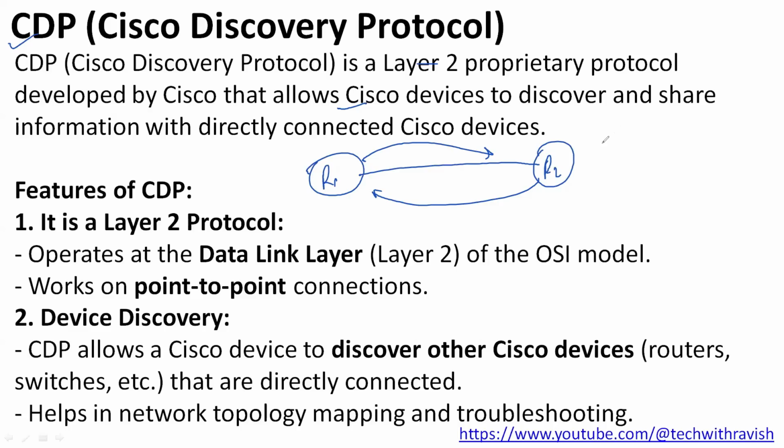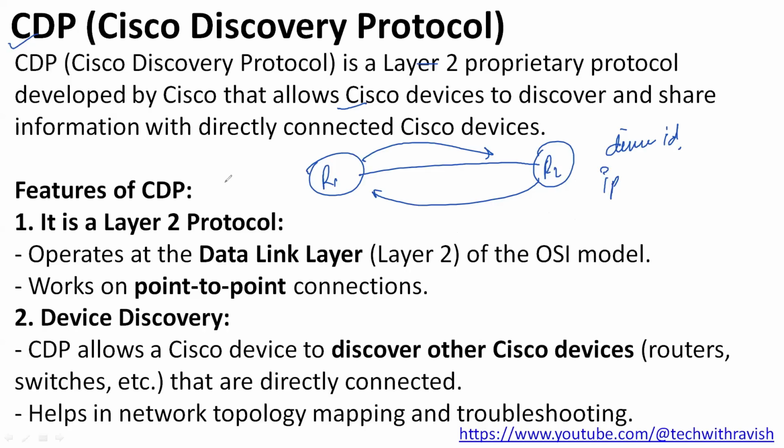that information includes the local interface, meaning the interface on which CDP is running, a remote interface, the platform, which type of device it is, the capability, the IP address of the neighbor, and VLAN information or duplex mismatch warnings can also be there.